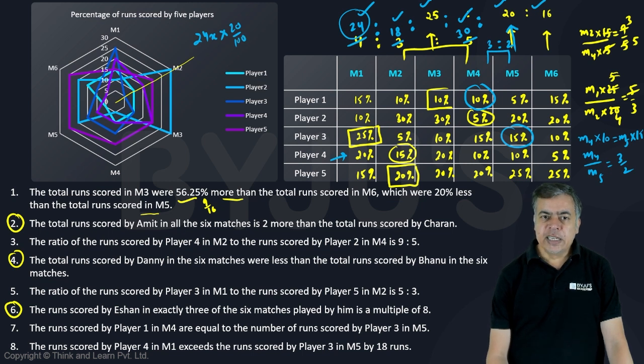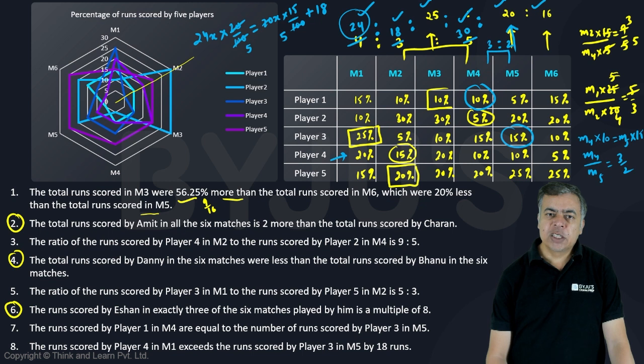And this exceeds the runs scored by player 3 in M5, that is 15%. Now 15% of 20x, that plus 18 would be the same. So here 20 into 5, so it is 24 by 5x minus 15 by 5x will be 9 by 5x equal to 18. So x will be 10.